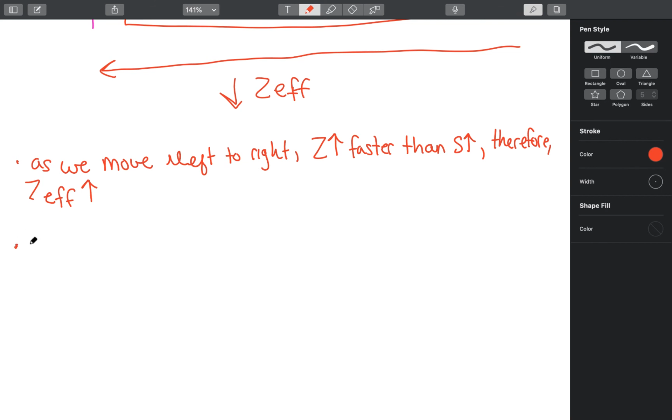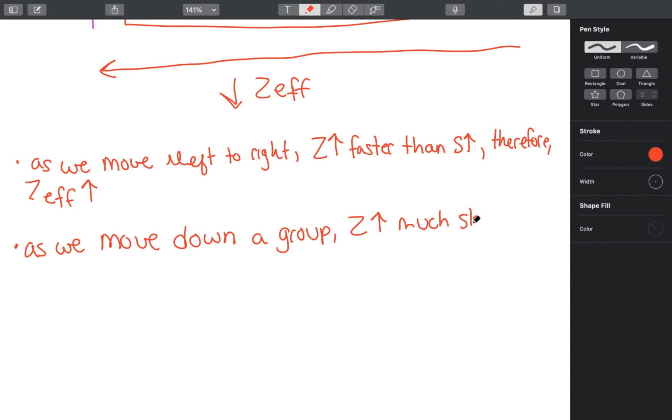As we move down a group, Z increases much slower than S increases.